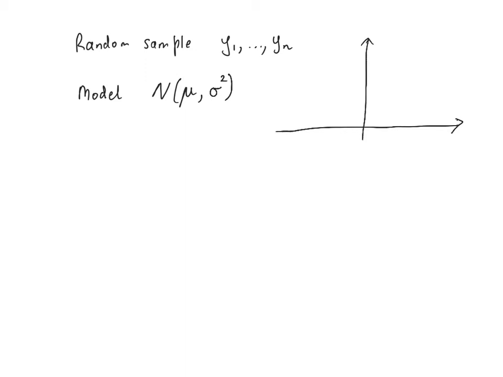I'm not showing you how to draw this very well, but if these are values of y, this is the probability density function, and we write that as f subscript capital Y. The subscript Y says that the underlying random variable from which the data y come is called capital Y. The probability density function of a normal distribution has this bell-shaped curve, and as I said, not very well drawn, but it's centered on mu, and that's often referred to as the location parameter.